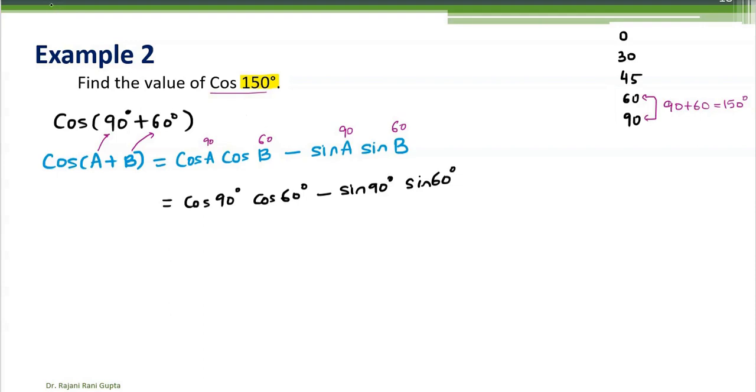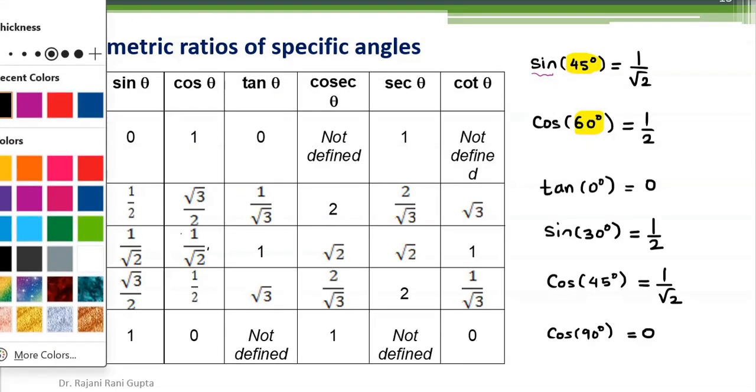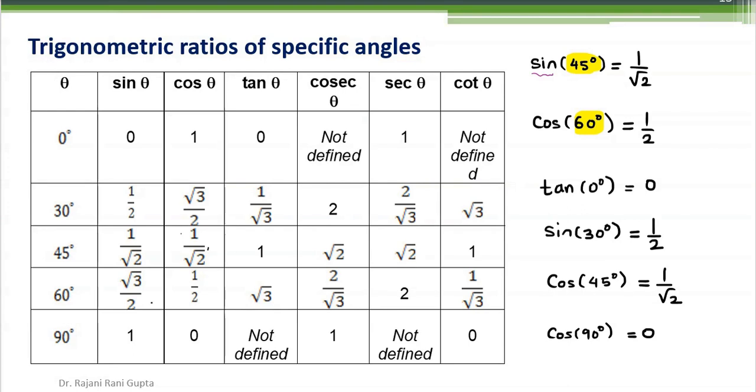Okay. Again, there is multiplication in between. Again, looking at the values of cos 90, cos 60, sine 90, sine 60 from the table. Cos 60 is from here 1 by 2. And cos of 90 is 0. Let's substitute it there.